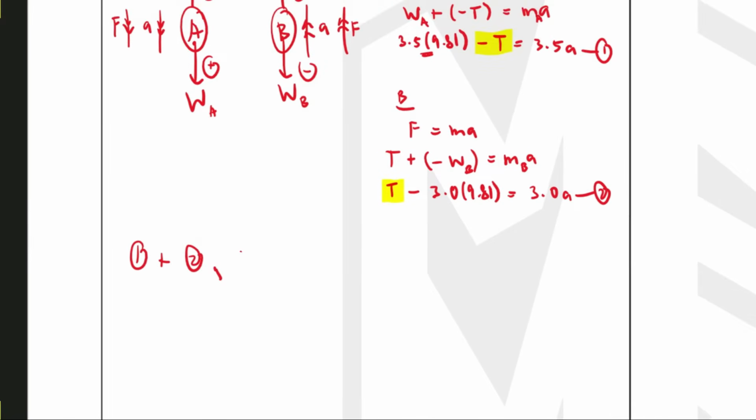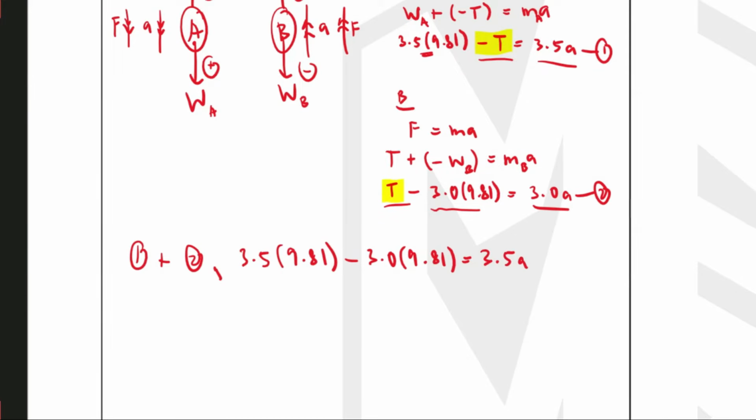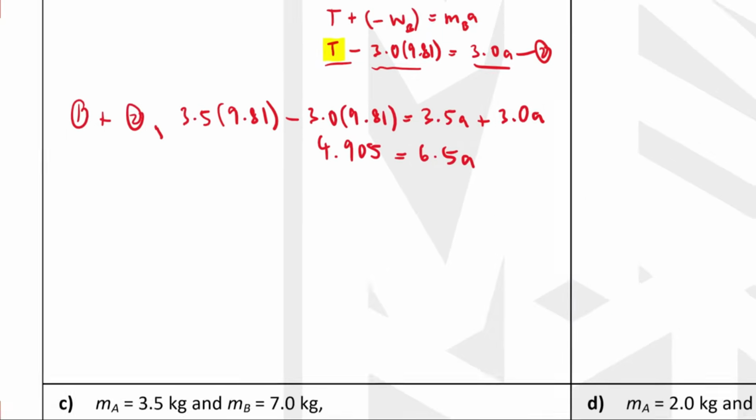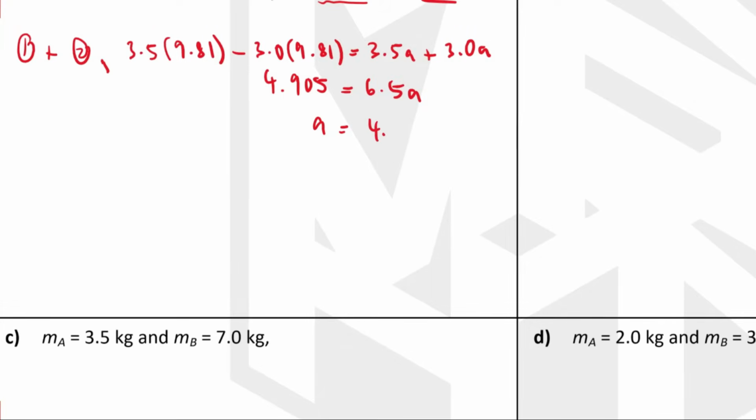We will get 3.5 times 9.81, T is already eliminated, so we go with this minus 3.0 times 9.81 equals 3.5a plus 3.0a. Put this in your calculator and you get 4.905 equals 6.5a. Therefore, a equals 4.905 over 6.5, which is 0.75 meters per second squared.